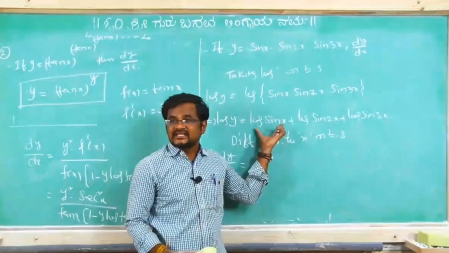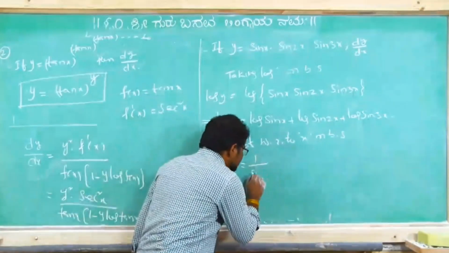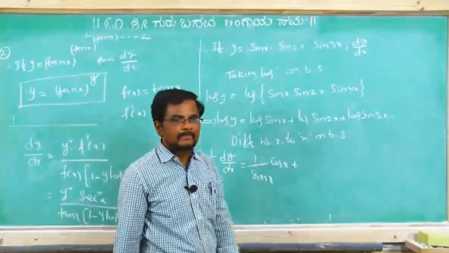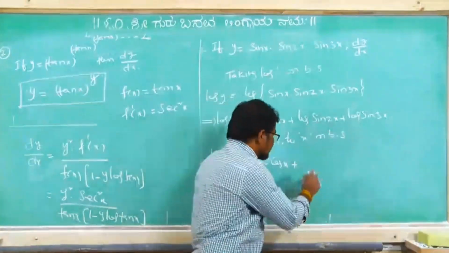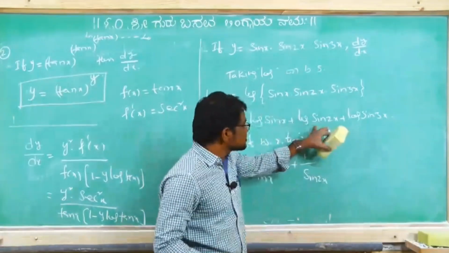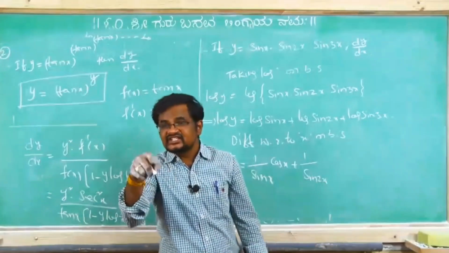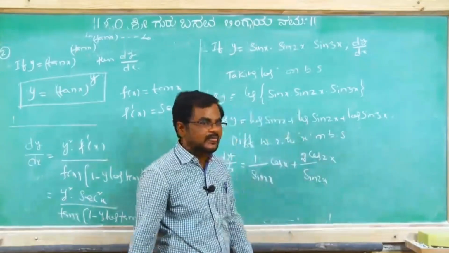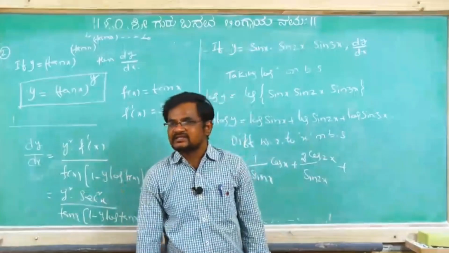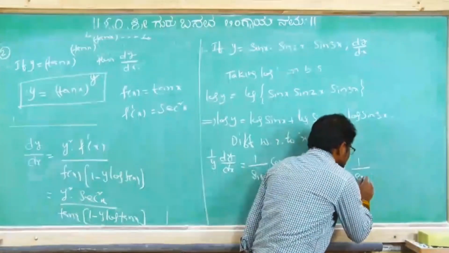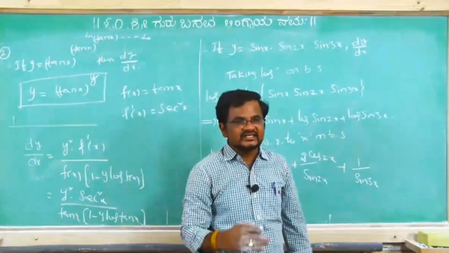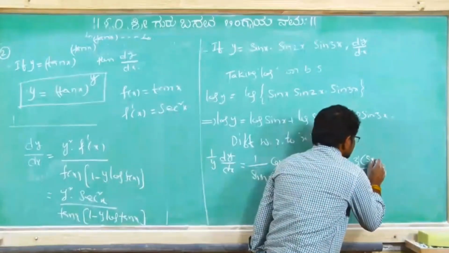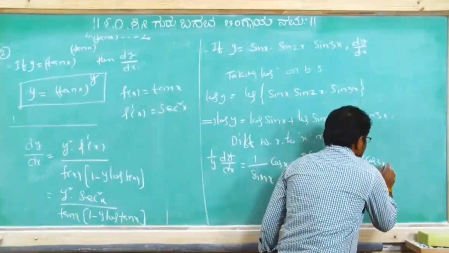Differentiation of log sin x is 1 by sin x, again differentiation of sin x, cos x, plus differentiation of log sin 2x, 1 by sin 2x, differentiation of sin 2x, cos 2x, again differentiation of 2x, 2, so we write 2 into cos 2x, plus differentiation of log sin 3x, 1 by sin 3x, differentiation of sin 3x, cos 3x, again differentiation of 3x, 3, so it is written as 3 into cos 3x.